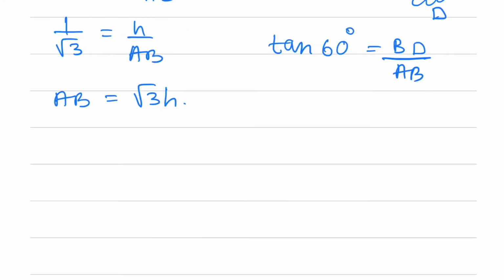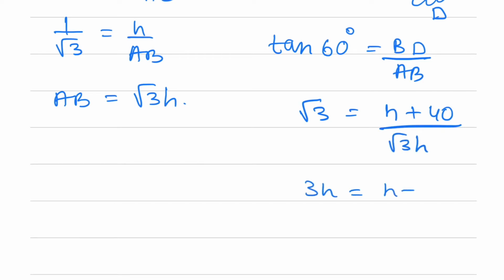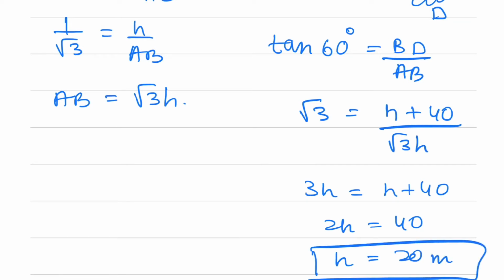So tan 60 degrees root 3 is equal to BD, we know it's H plus 40, and AB I can write down as root 3H here. So 3H is equal to H plus 40, 2H is equal to 40, H is equal to 20 meter. So we have got H.